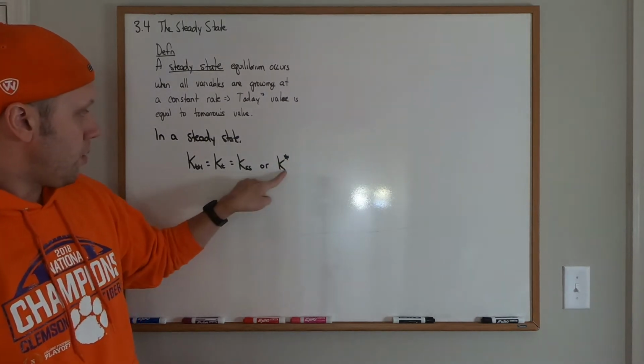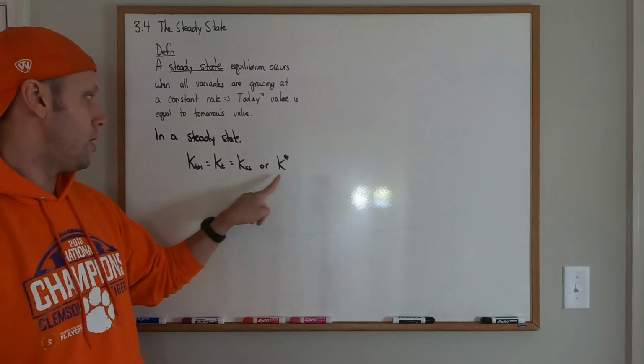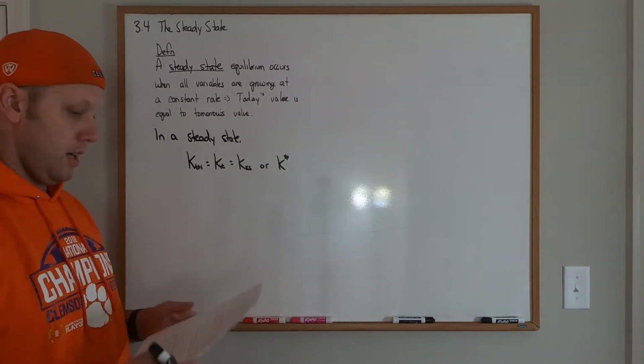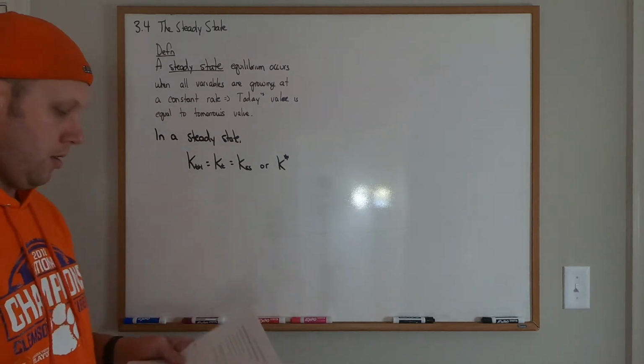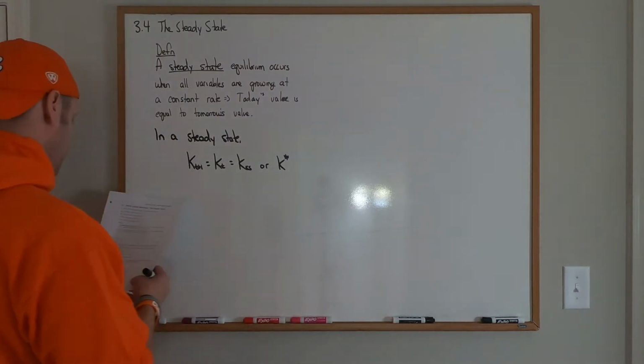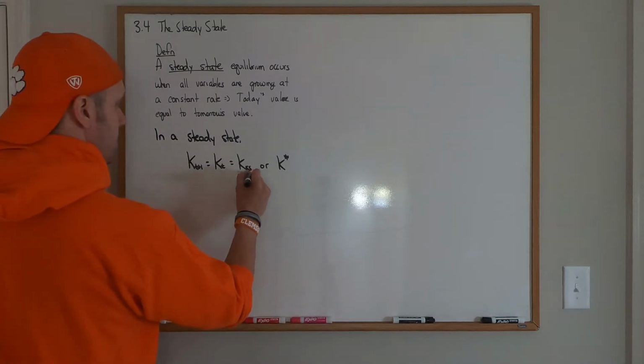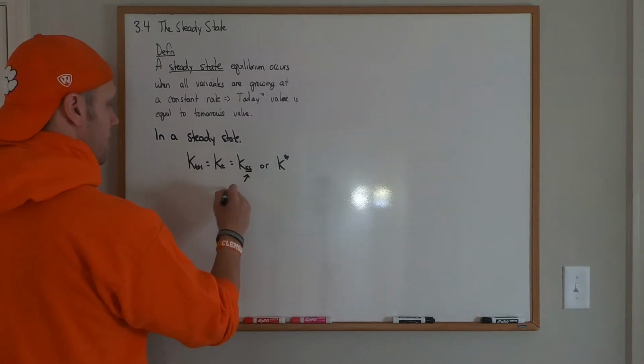Whether you use this or this, I'll know what you're doing. So if you choose to use either one on any homework, exams, etc., I'll know what's going on, because they just say the same thing. This SS subscript right here means steady state.